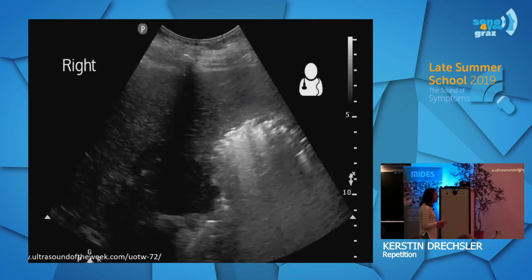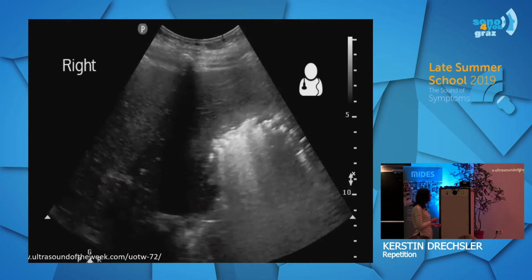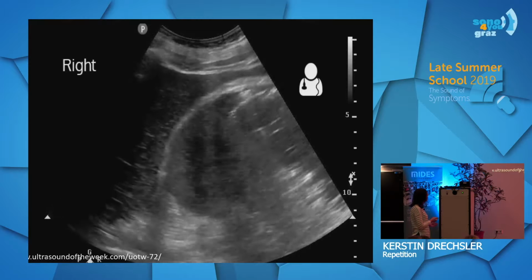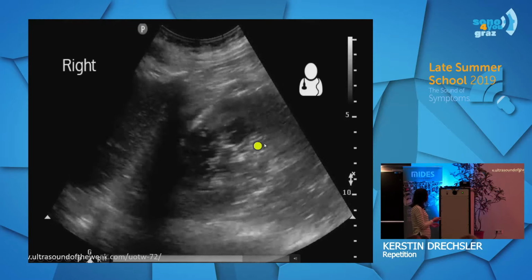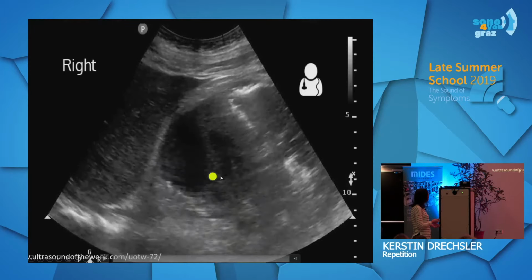So the patient clearly presents with symptoms of pyelonephritis. She has flank pain, she has fever, she has dysuria, and she's a diabetic. So that clearly makes us think of the diagnosis of a pyelonephritis. If we're doing a scan of the left and right kidneys, we're actually seeing that the kidneys are kind of edematous.